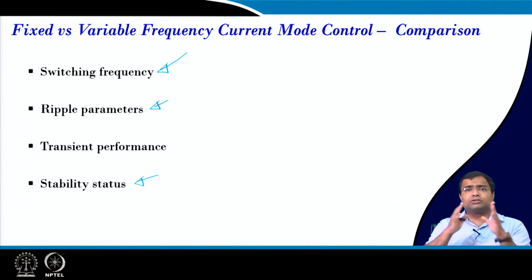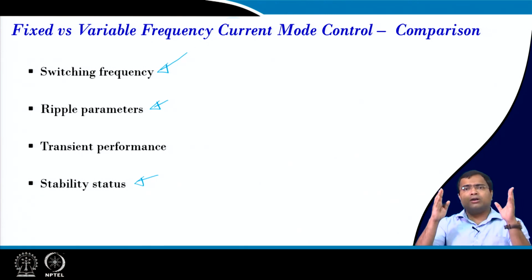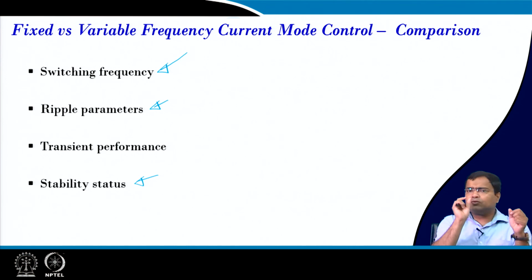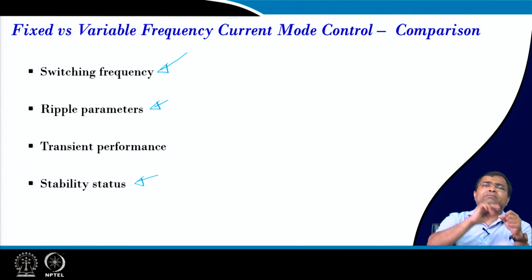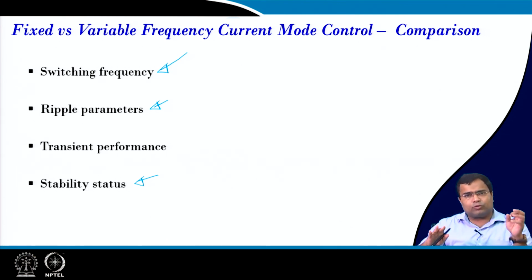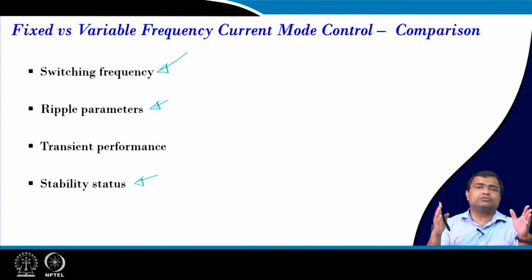So, when you are talking about wide duty ratio operation, we have also discussed that if you are going for a buck converter with peak current mode control, generally we will not get sufficient time to sense the current when the duty ratio is very low. So, we may not be able to implement peak current mode control at high switching frequency because of timing constraints, but we cannot go for valley current mode control because there will be a stability issue at low duty ratio.